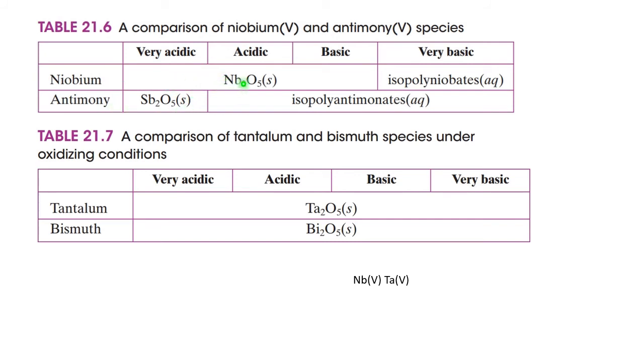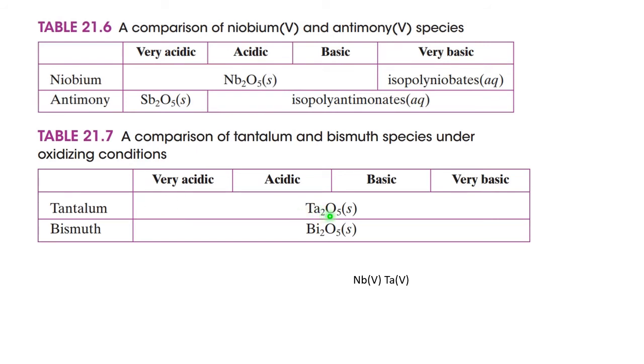You have niobium pentoxide for a large area, and then in very basic you have niobates. For antimony you have these in acidic area, but coordination numbers are similar. Same for tantalum.